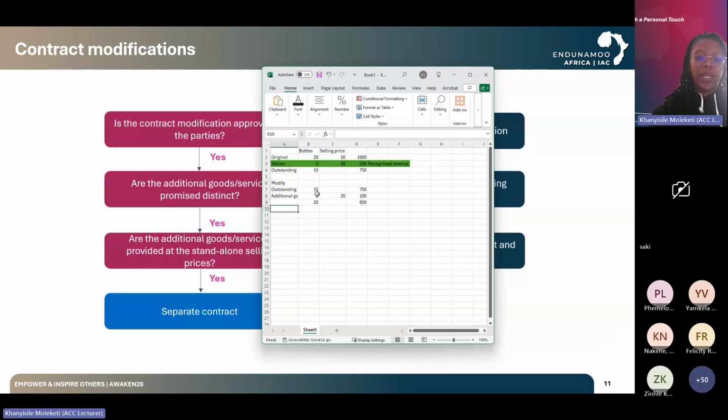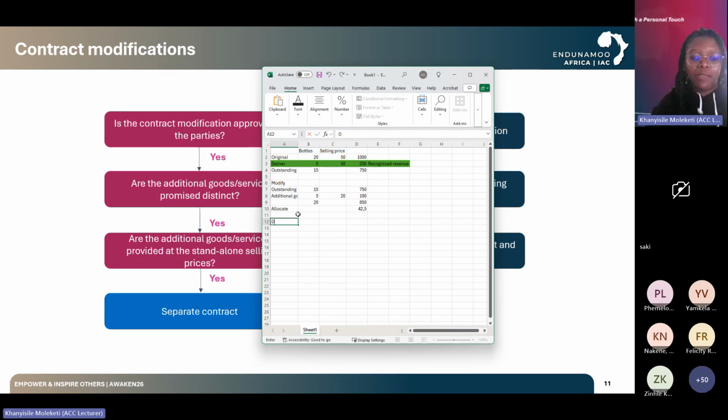We need to allocate. So we say 850 divided by the 20, and our new unit price is 42 Rand 50. So for every bottle we deliver of this remaining 20, we will recognize revenue of 42 Rand 50.